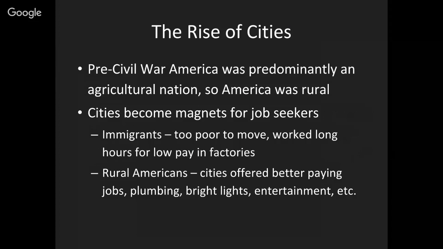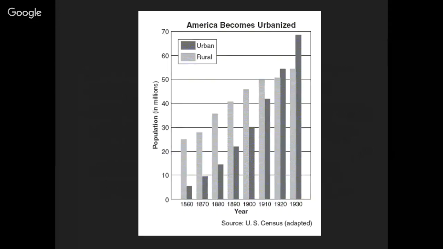So that agricultural aspect that we saw in that pie chart is going to push people to go find jobs doing other things, whether that's working in industrial factories or possibly moving up into the new American middle class and working in management positions or being doctors or lawyers or something like that, where it allows you to have more opportunities. So cities were attracting people, both immigrants and rural Americans. So cities were certainly growing.